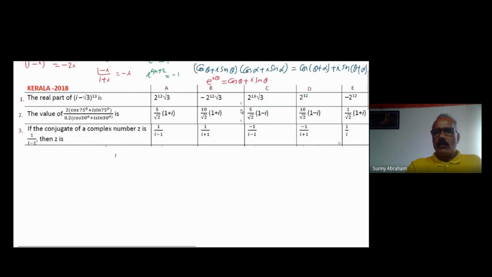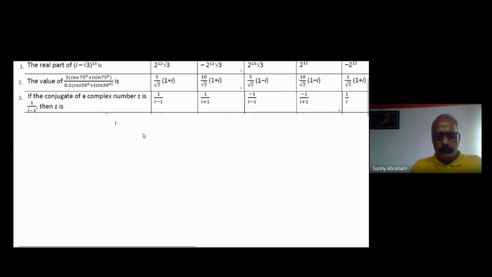Now we will start solving the first question: the real part of (iota minus root 3) the whole raised to 13. We want the real part of (iota minus root 3) the whole raised to 13.